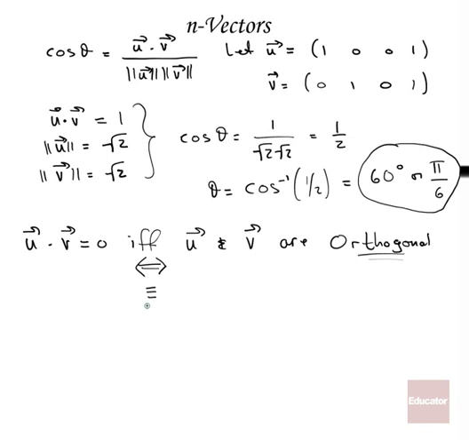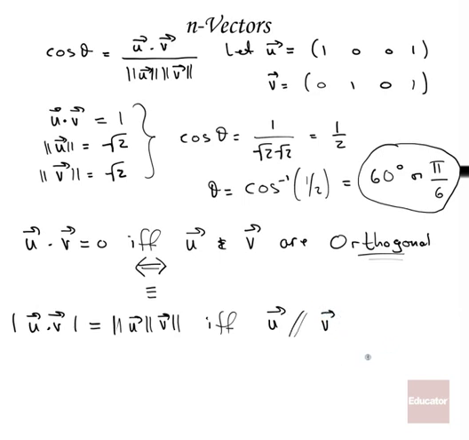Okay. u dot v. When the absolute value of u dot v actually equals, when there is a strict equality of the magnitudes, if and only if u and v are parallel. Which makes sense.